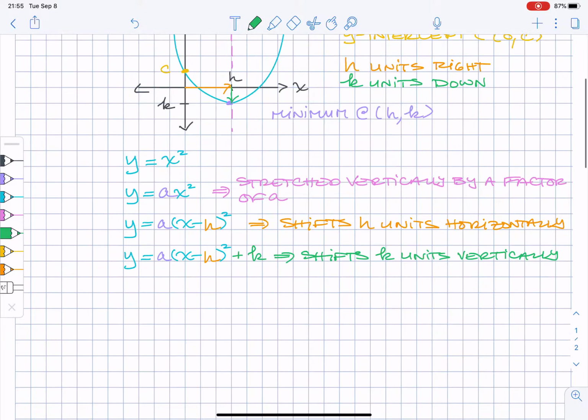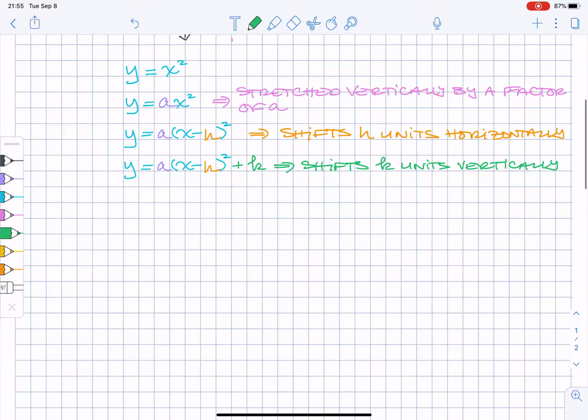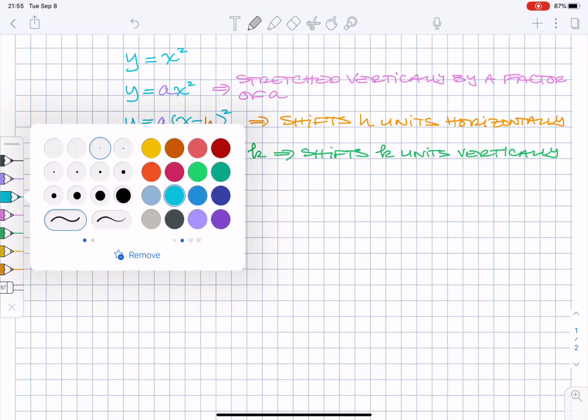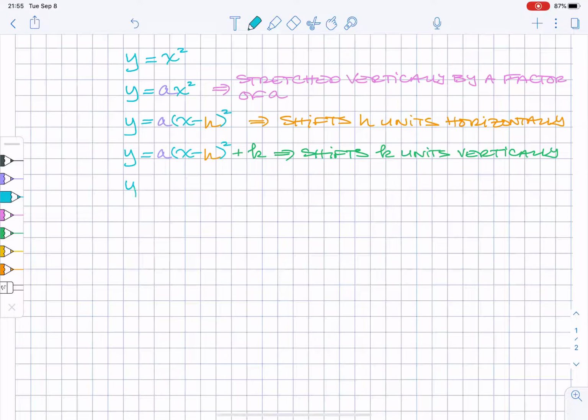So what does that give us? Well, let's expand this. Once again, I can go to the left here. So we have y is equal to a times the quantity. Expanding this will be x squared minus 2xh plus h squared, to which we're adding k.